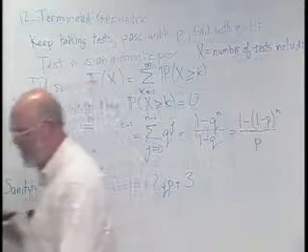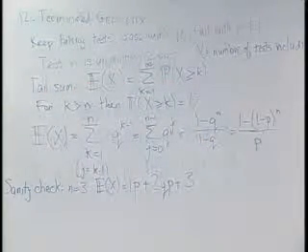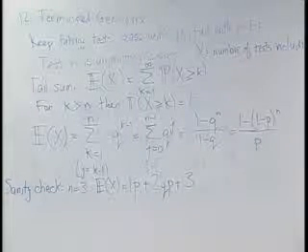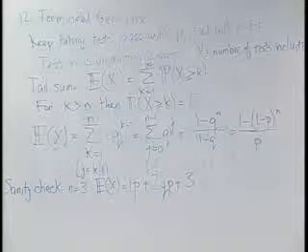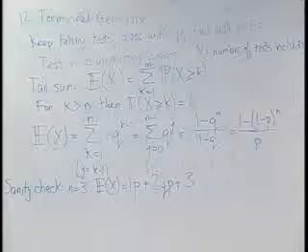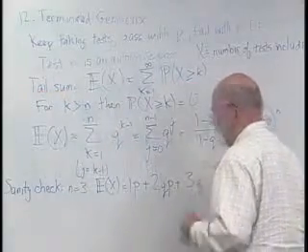Or he may take 3 tests, and if n equals 3, the deal is if he has to take a 3rd test, he's guaranteed to pass it. So what's the probability that he has to take 3 tests? Q squared. All he has to do is fail the first 2 tests. Okay.